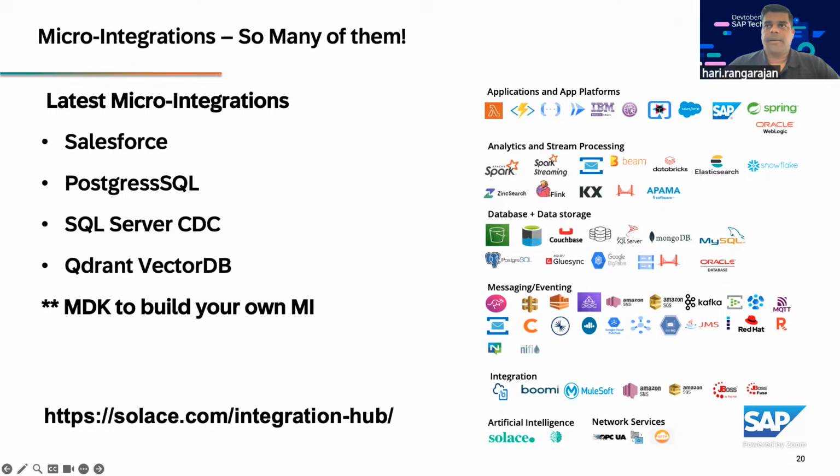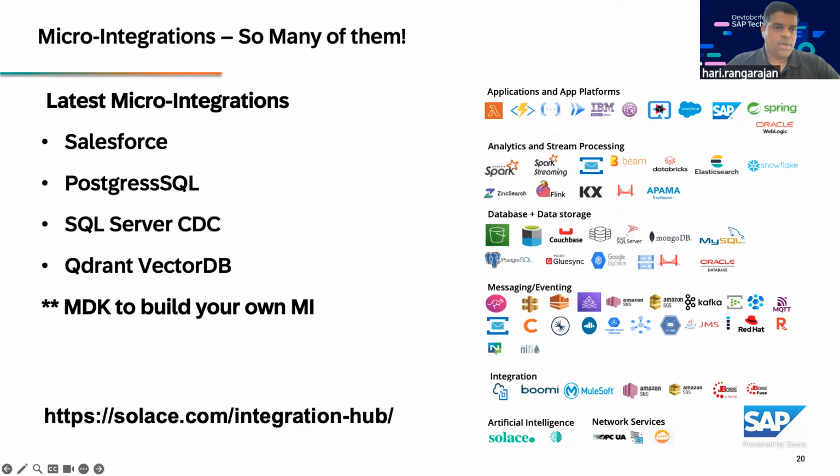And of course, you even have a micro integration development kit to build your own micro integration. But bear in mind that this will be your own self-hosted, self-deployed, self-managed micro integration. If your enterprise is more towards self-hosting and self-management, it's something that you can do as well.